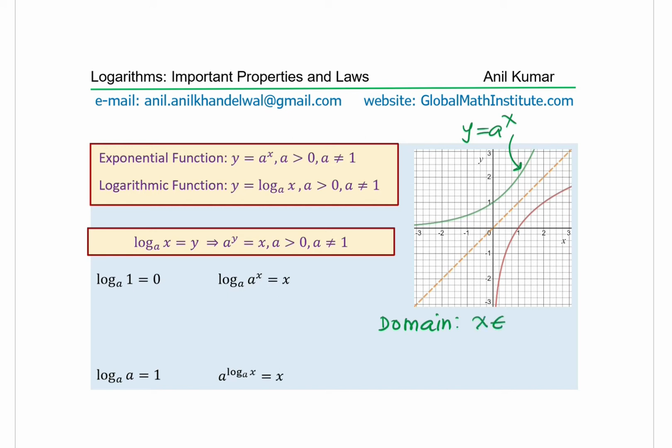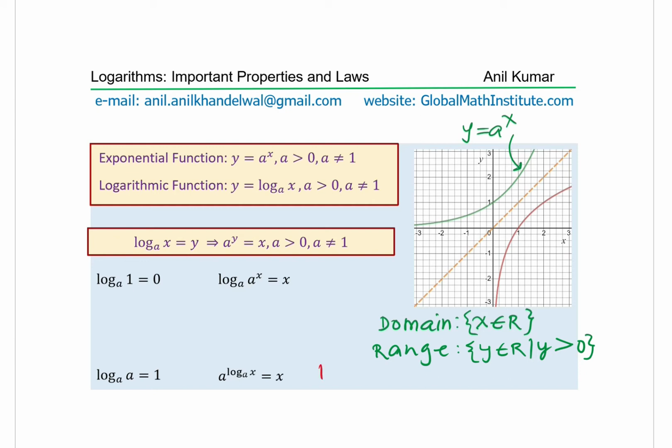X belongs to real numbers. X can have any value. However, the range of the function is that the y values are also real numbers, but y values are always greater than 0. They are always positive.